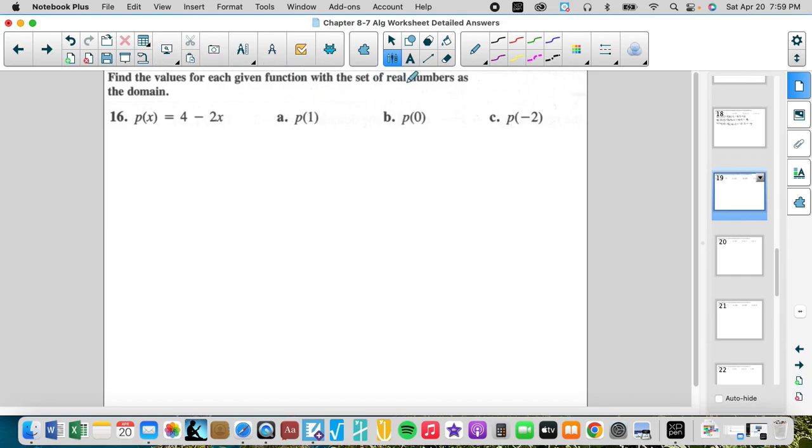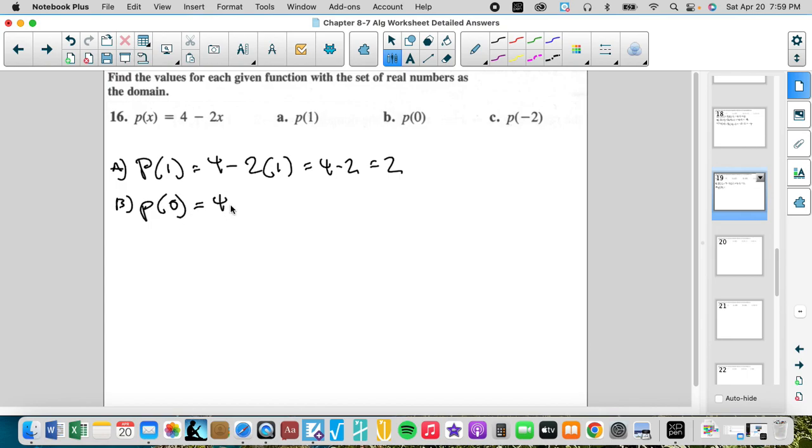Find the value of each function with the set of real numbers as the domain. Okay, well, P, let's do A, sorry, P of 1 equals 4 minus 2 times 1, which is 4 minus 2, which is 2. P of 0, 4 minus 2 times 0 is 4 minus 0 is 4.